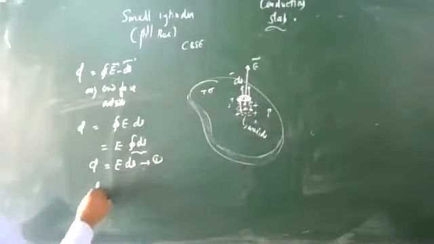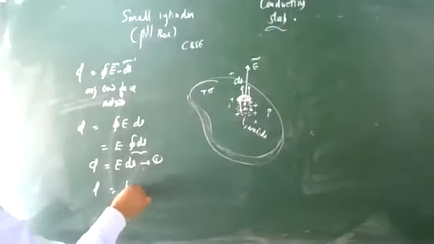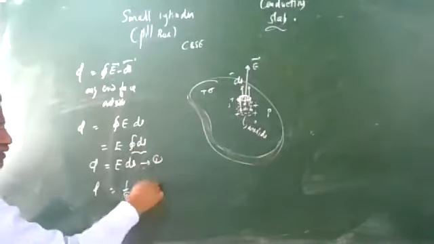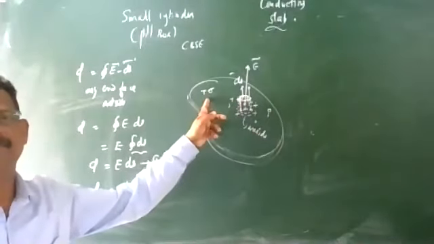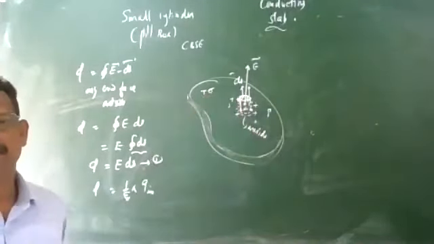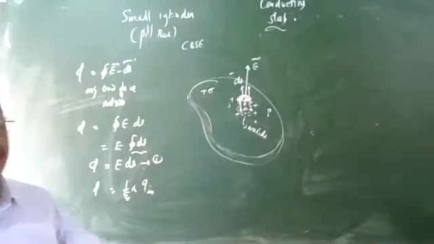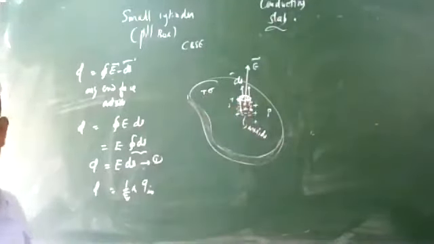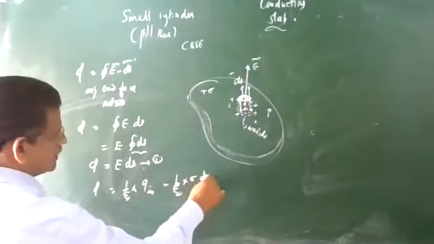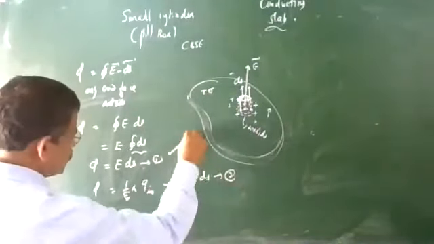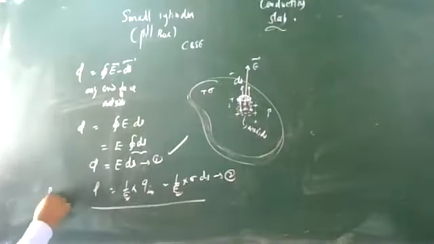But flux can also be calculated as 1 by epsilon 0 into the charge inside the closed surface. You are given plus sigma, the surface charge density, and the area, so the charge there will be sigma ds. So flux is 1 by epsilon 0 into sigma ds. This is equation number 2, which we calculated by Gauss's theorem.